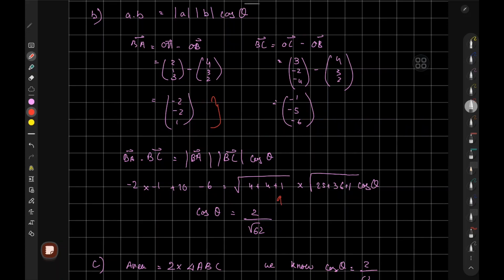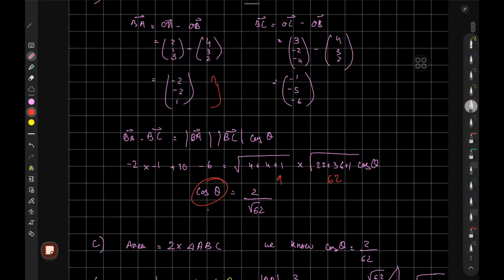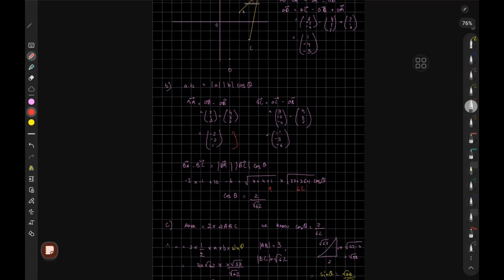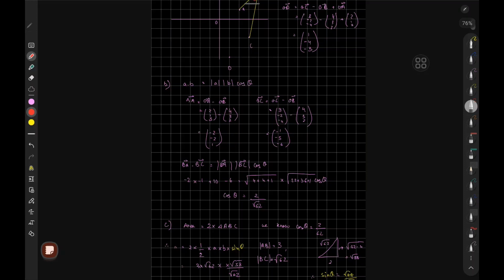And for BC you have 25 plus 36 plus 1, which is 62. Then you root those values and make cos theta the subject, and what you get is this. That is your cos theta value.